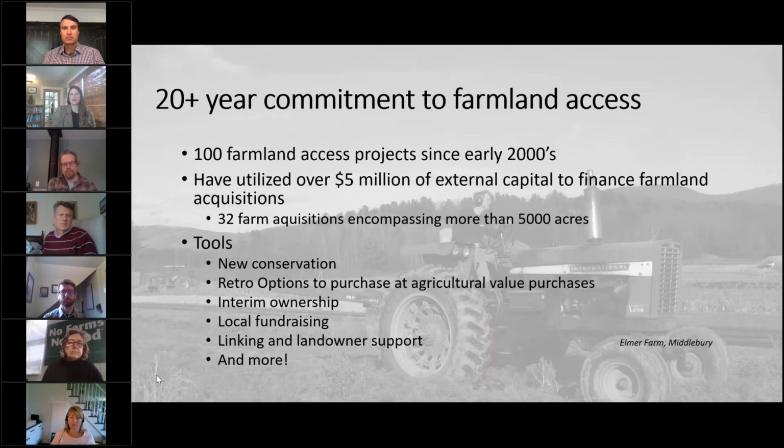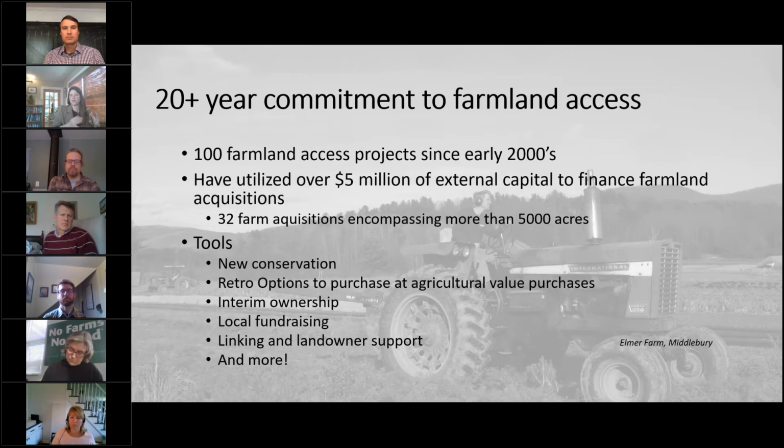And so we've really had a 20+ year commitment to farmland access, and specifically to the work of buying properties, protecting them, and then transitioning them to new and beginning farmers or current farmers who are looking to expand. Since the early 2000s, we've done about 100 farmland access projects. We've utilized more than $5 million of outside capital to finance those acquisitions.